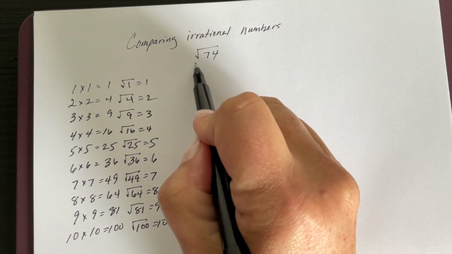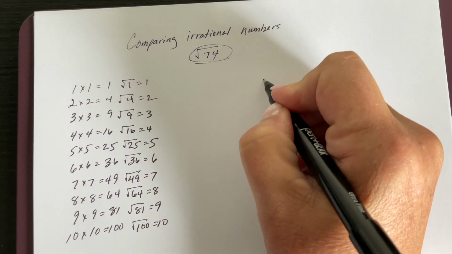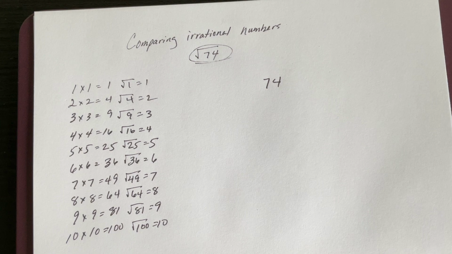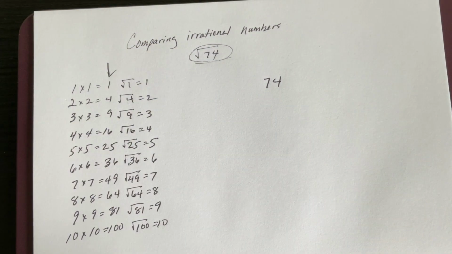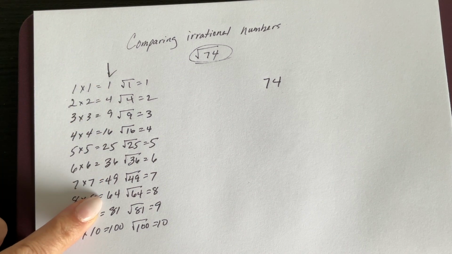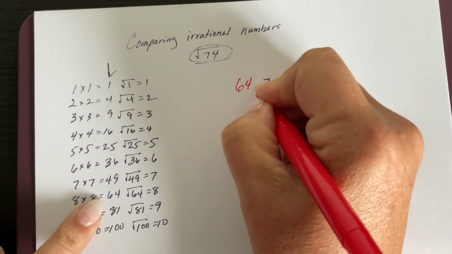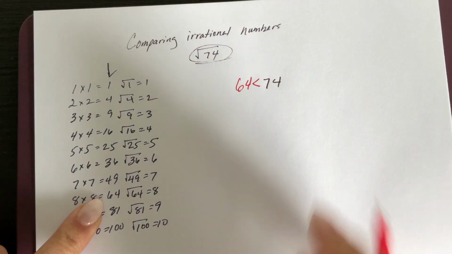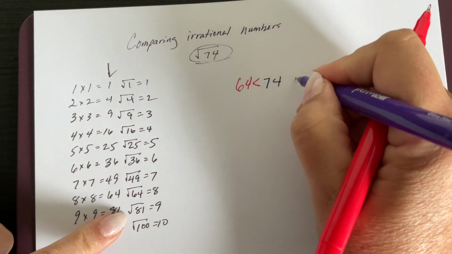So let's talk about this square root of 74. When I look at my list of perfect squares right here, I notice that 74 is between 64, so it's greater than 64, and 81.